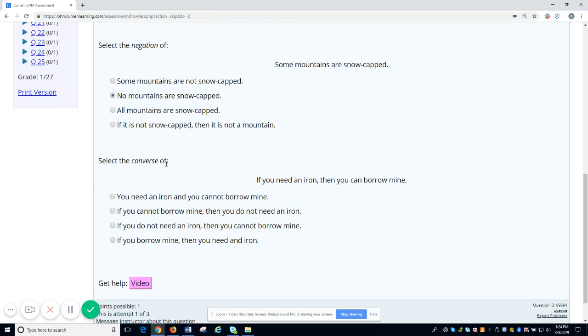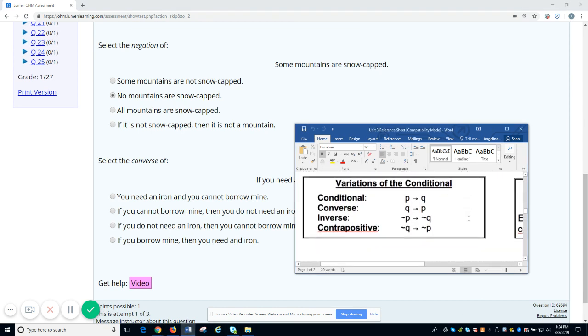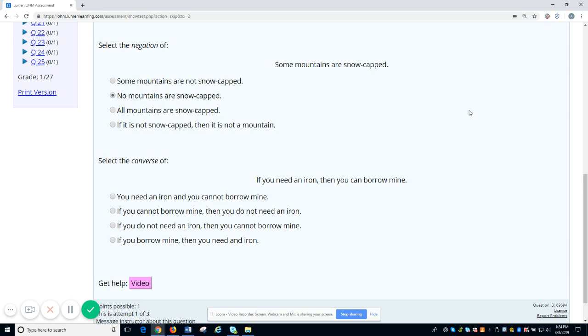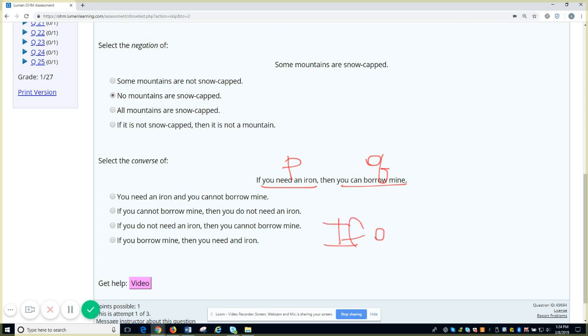Okay, and then the last part is forming the converse of this conditional. Going down to our list, we know that the converse is when you flip the if and the then statements. So if this is my P statement, "you need an iron," and Q is "you can borrow mine," the converse would make the Q be the if statement and the P be the then statement.